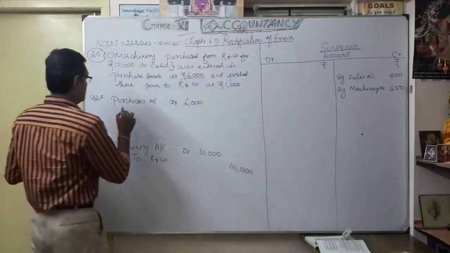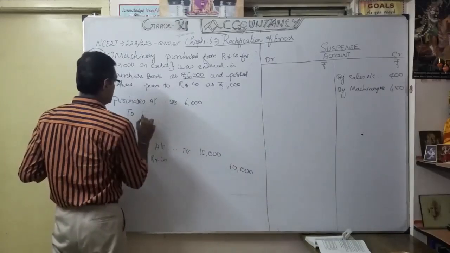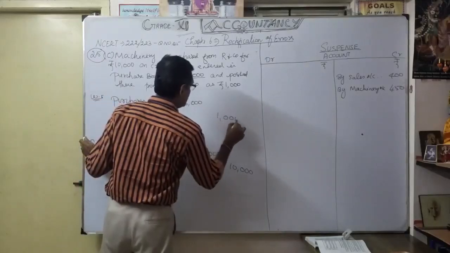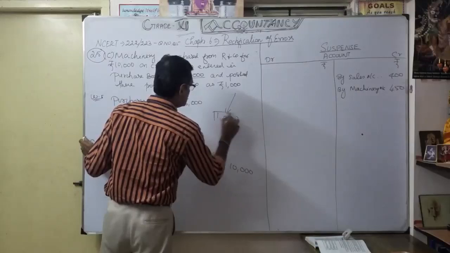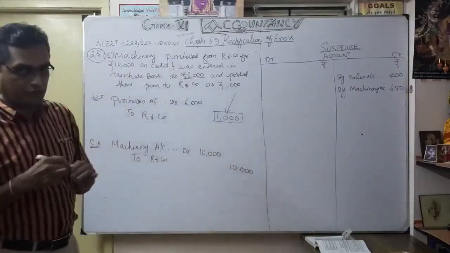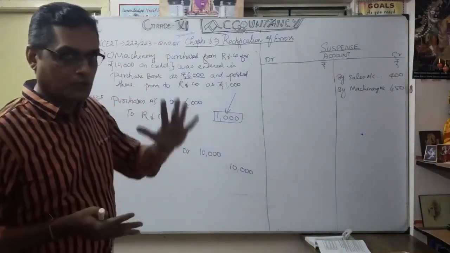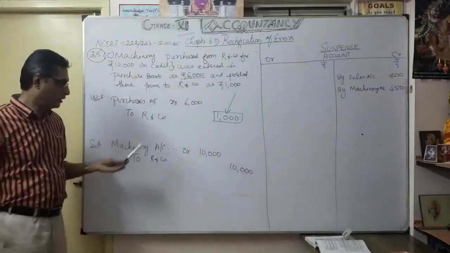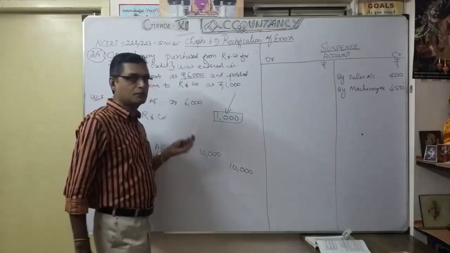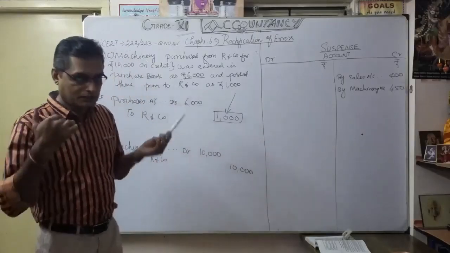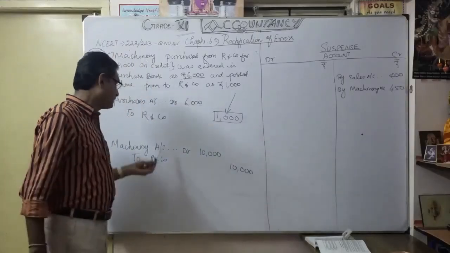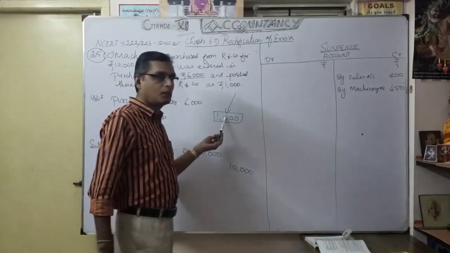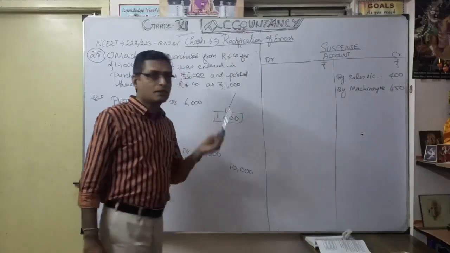And posted to R&Co only 1,000. That's the wrong entry. Even in the debit part, instead of machinery they used the purchases account, and the amount is also wrong: instead of 10,000, they made it 6,000. Even in the credit part, R&Co was correct, but the amount is wrong: instead of 10,000, they made it 1,000 only.